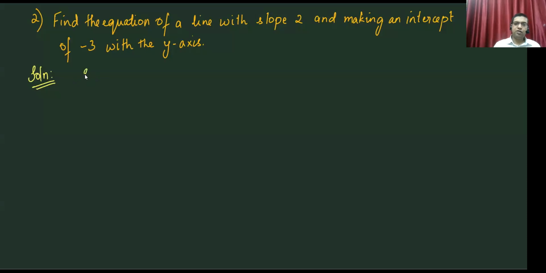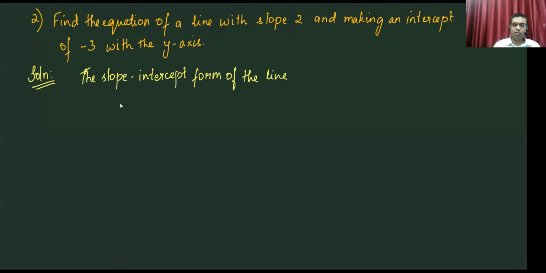So the slope intercept form of the line is y equal to mx plus c.